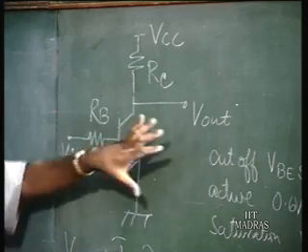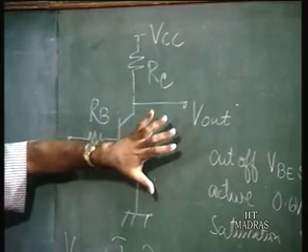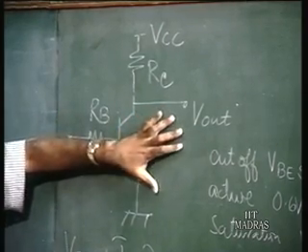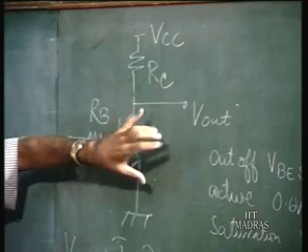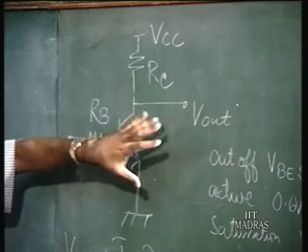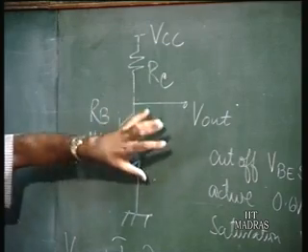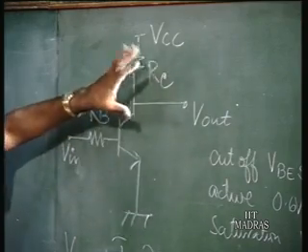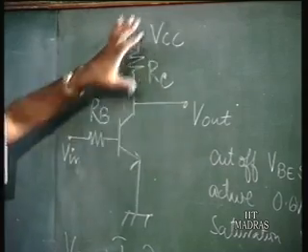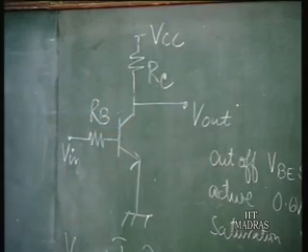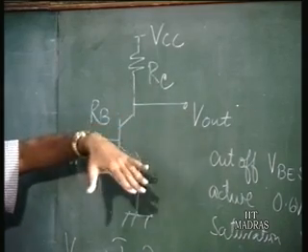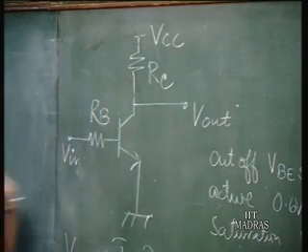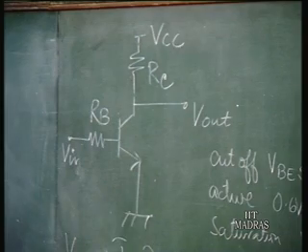When the transistor is cut off, this switch is open, current is 0, and the entire power supply voltage is dropped across the switch. So basically you see that this is behaving as a switch. When it is in the saturation region, it behaves as an on switch, and when it is in the cutoff region, it behaves as an off switch.